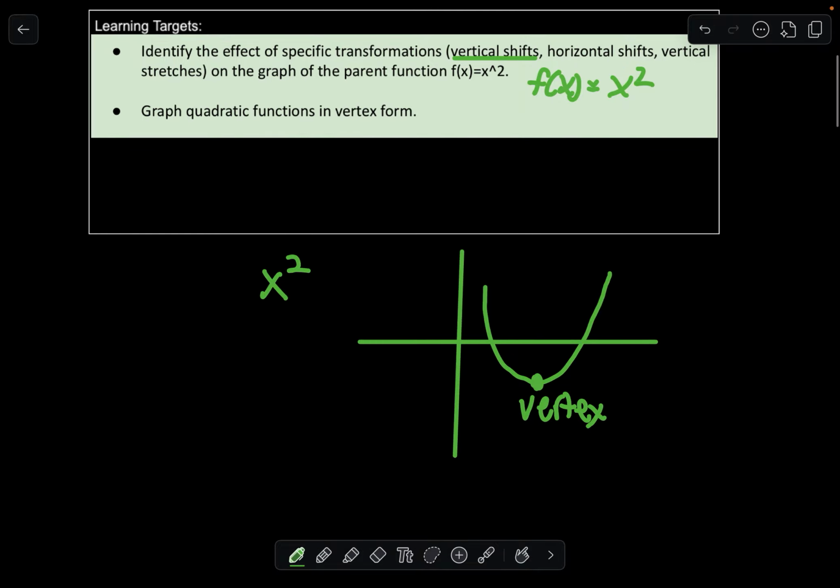Matter of fact, with all the different ways you can write the quadratic equation, when we're asked to graph it, we're always pretty much going to turn it into vertex form by finding the vertex and understanding the behavior of the graph from the vertex.